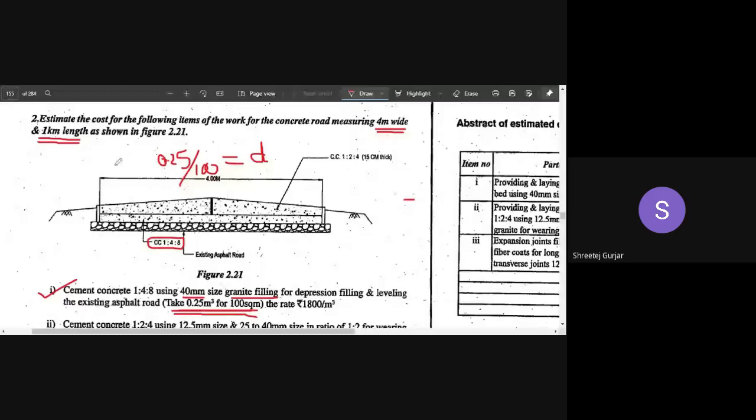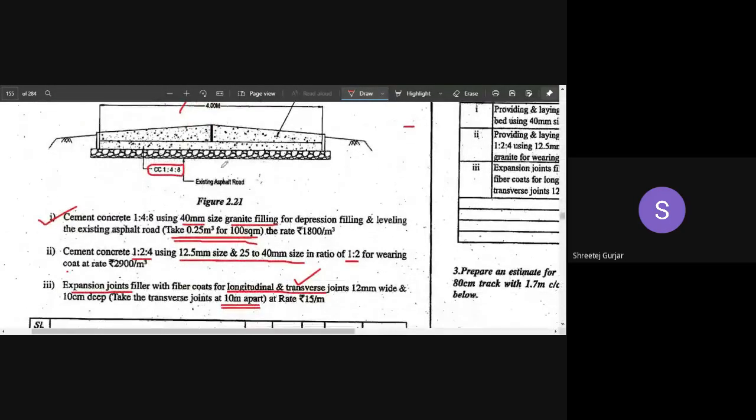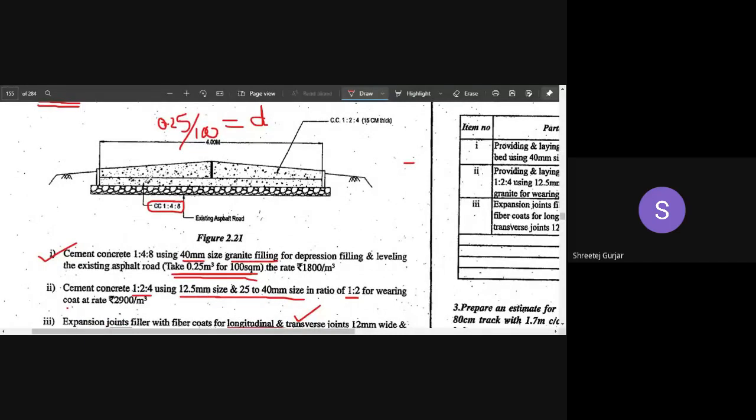So the length of the road is 1 kilometer, width is 4 meter. Rest all things are given. Depth we have calculated for this layer is 0.25 by 100. For this layer, they have given the average depth as 15 centimeter. No need to calculate this height and that height separately. They have given us the average height as 15 centimeter.